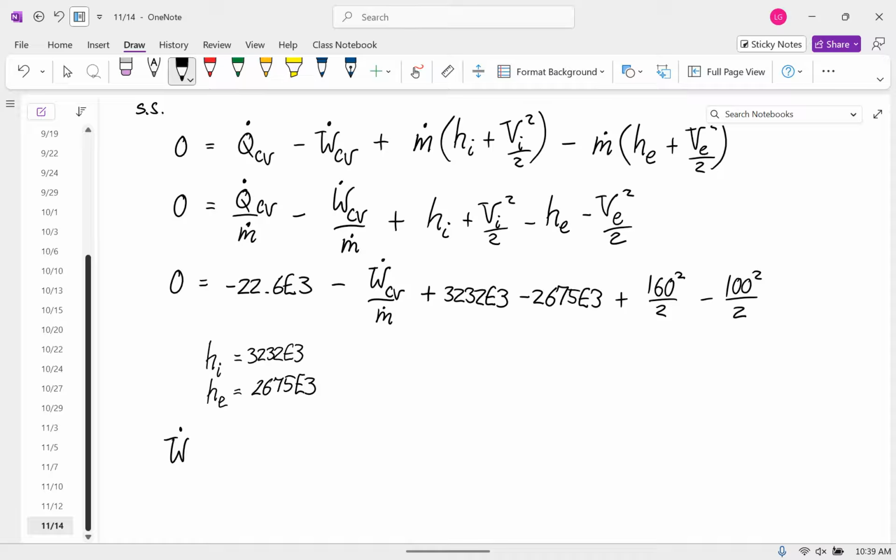And so W dot over m dot, which is the same thing as the work done per mass, is equal to 564,800, and that is joules per kilogram.